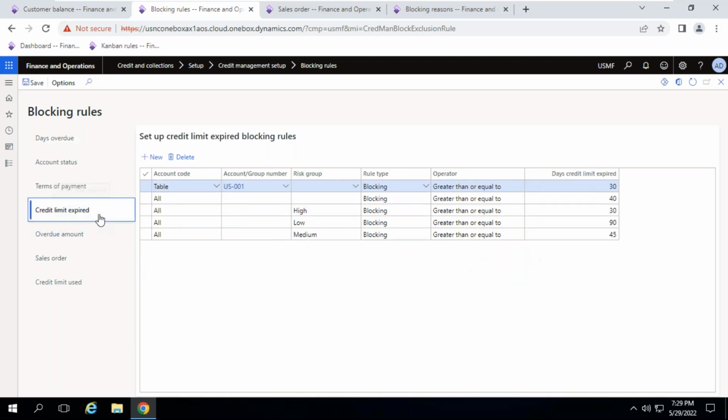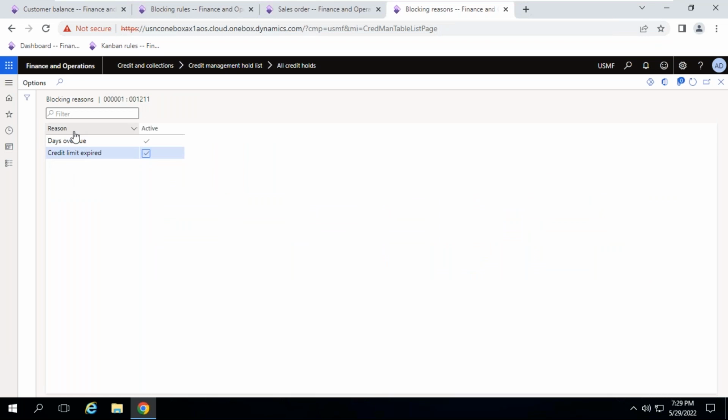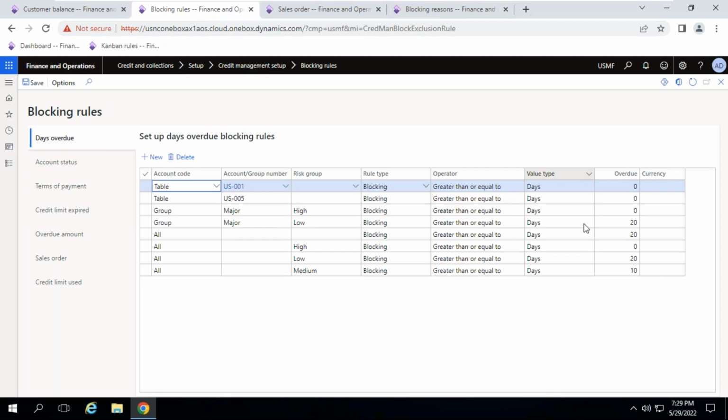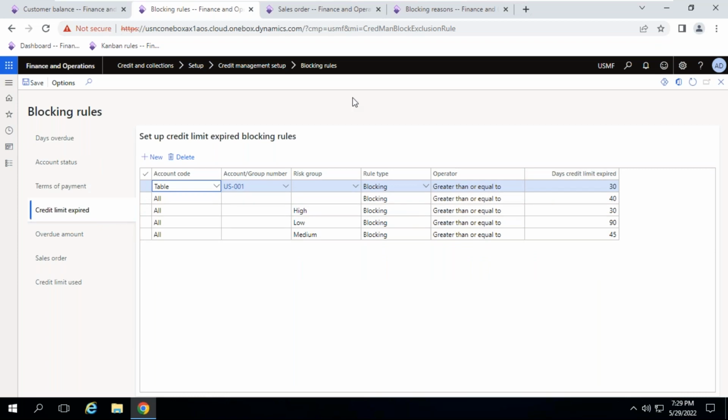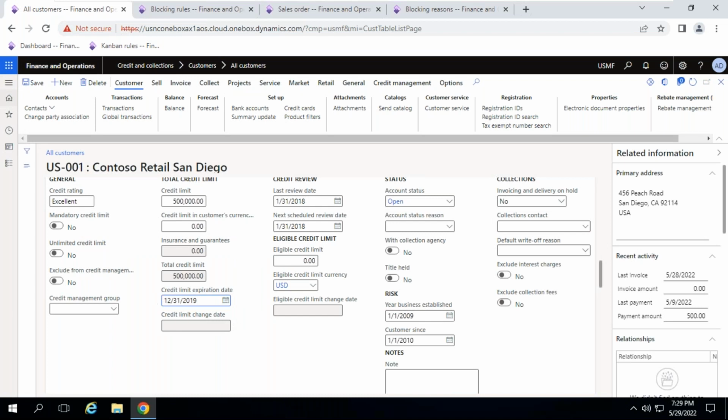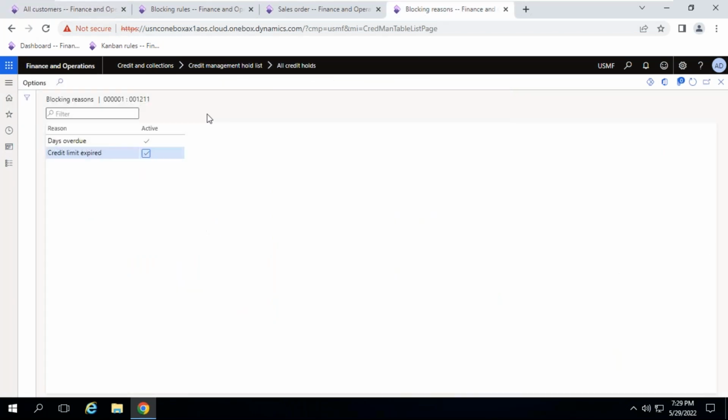This and this are stopping. That's what blocking is: days overdue and credit limit. If any one invoice is pending this much, it will stop. This is the expiry date, the expiry date in the customer balance. In this customer, this is one credit limit expiration date. That's what it is showing.